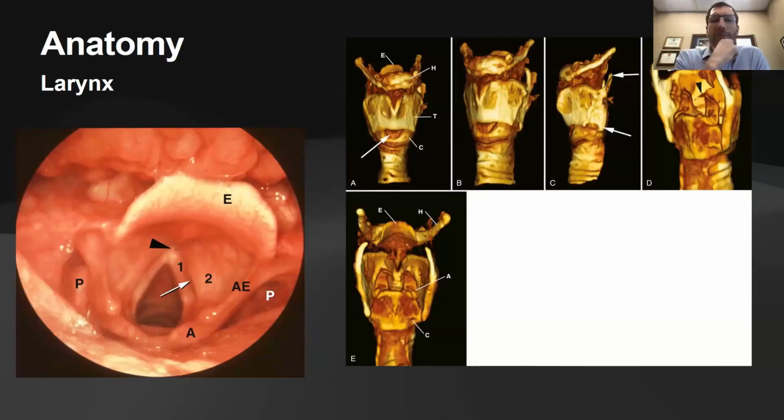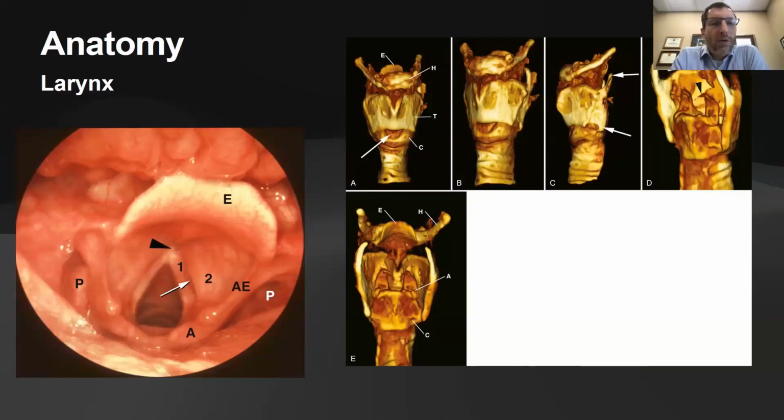So anteriorly, the trachea is cartilage. Posteriorly, we call it a membranous trachea, so it's soft tissue. The cricoid is the only cartilage that goes all the way around, so it's a complete ring.